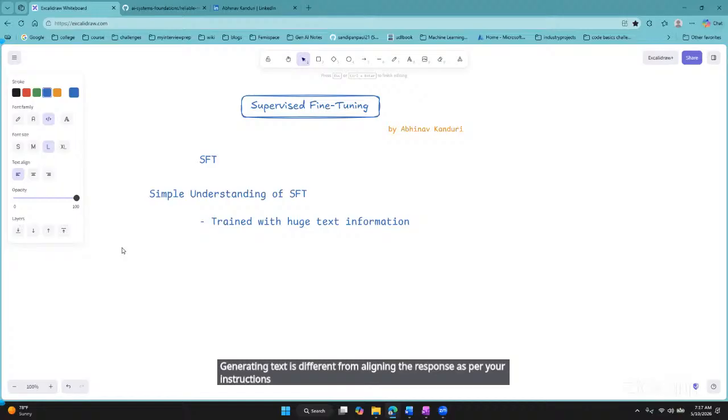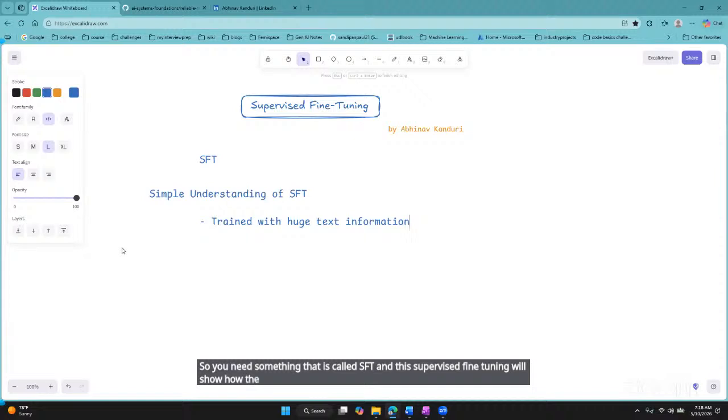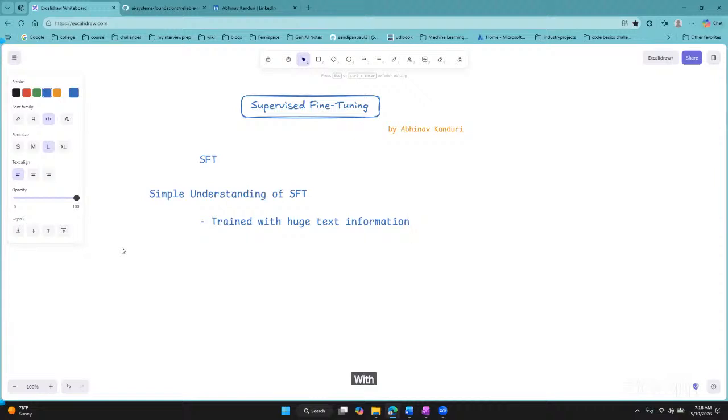To make sure the response falls as per your interest, your instructions, and your need, you need something called SFT, and supervised fine tuning shows the model many examples to have good behavior in its response.